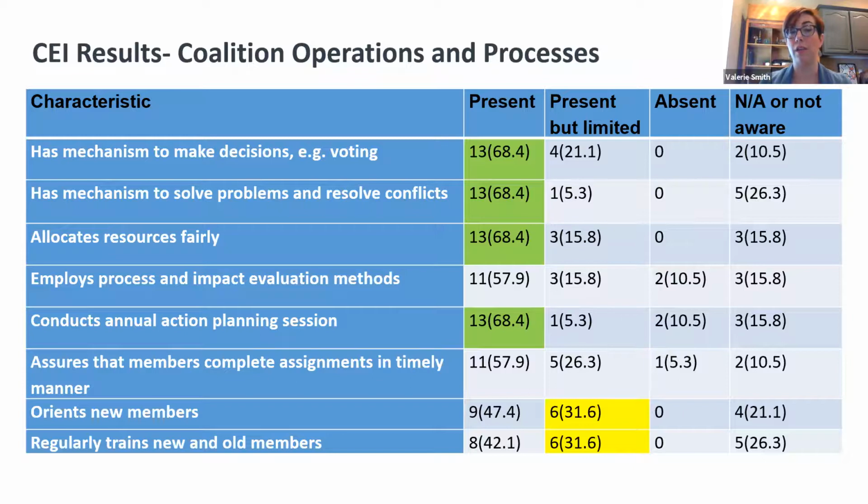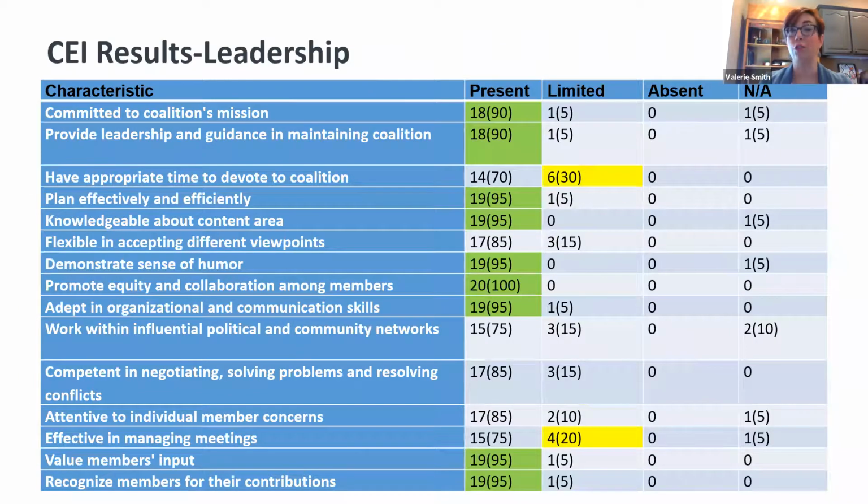So orientation, new member orientation and member training was an area that was a relative weakness. Leadership, there are some things that I was really, really proud of and happy to see here. All of the respondents saying that they felt like our coalition was promoting equity and collaboration was excellent.